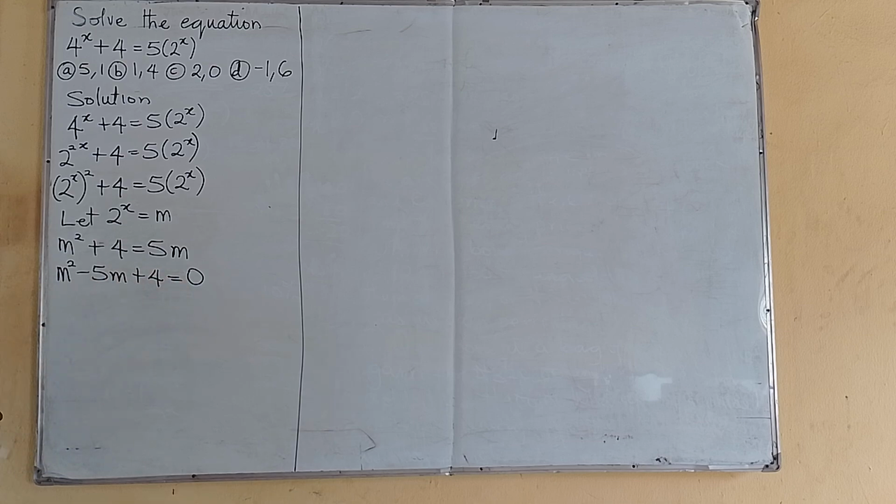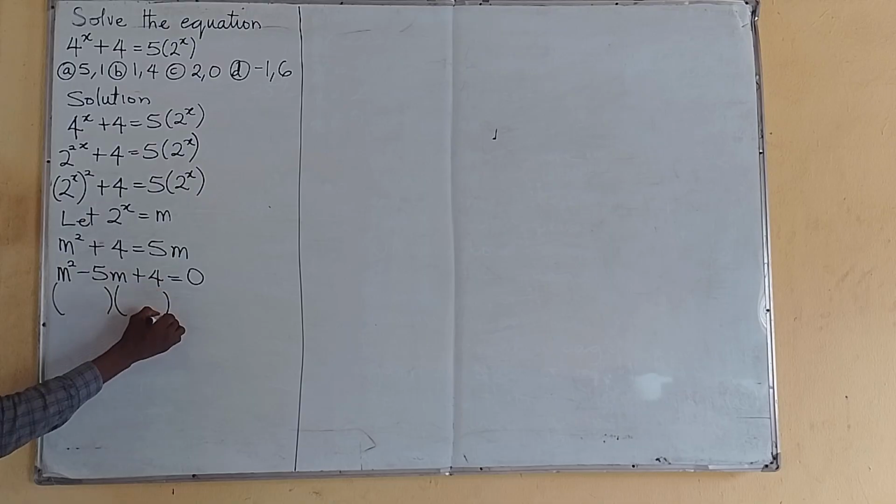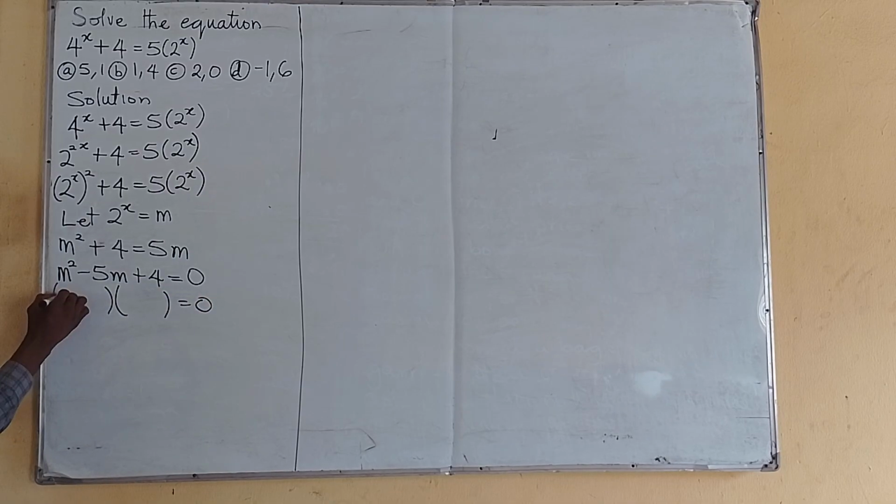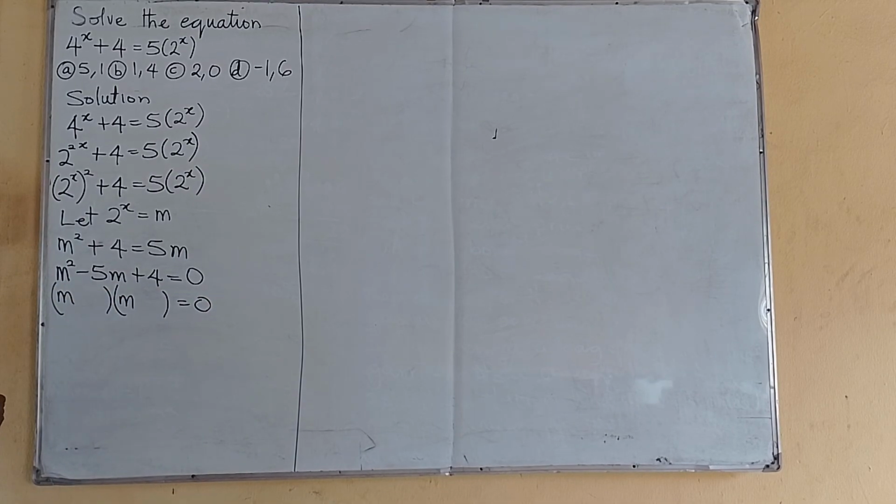At this point now we get standard form for a quadratic equation. So because this quadratic equation be like this, that is the coefficient of m squared here now 1, easy to solve by factorization. So we go do this equal to 0, put our m here, put our m here.